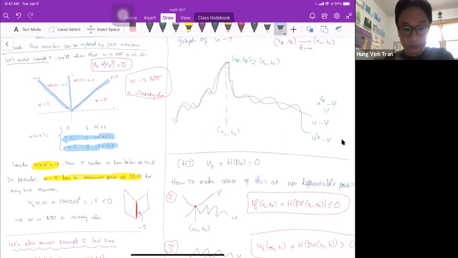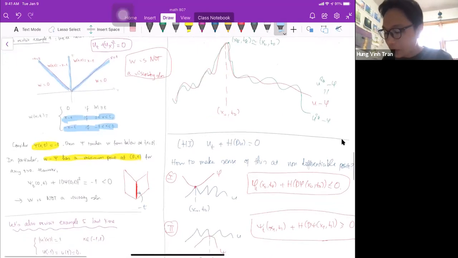So W minus c essentially has every point on the time ray as a minimum point. Again, it's not a strict minimum, but that can be fixed easily. So we say that W minus C has a minimum point, and let's check it out, right?